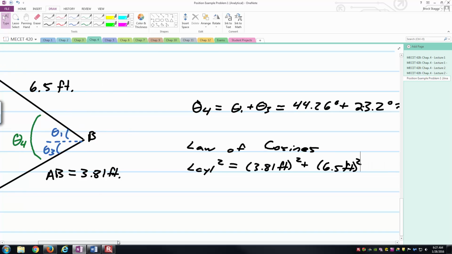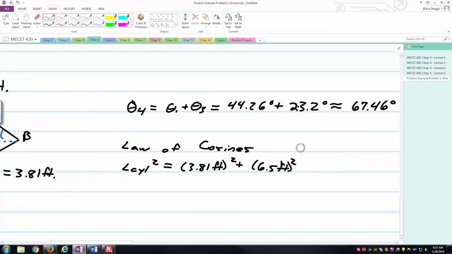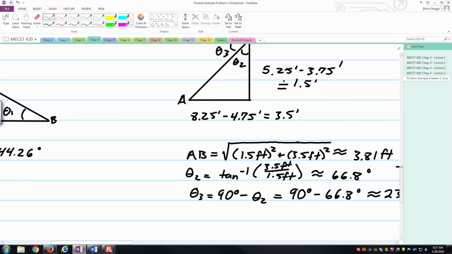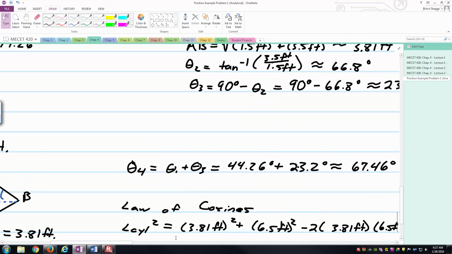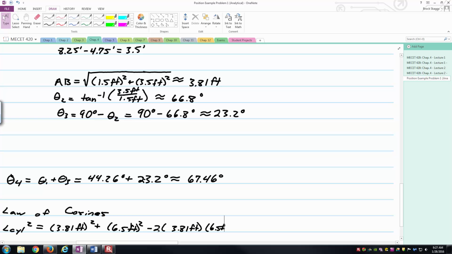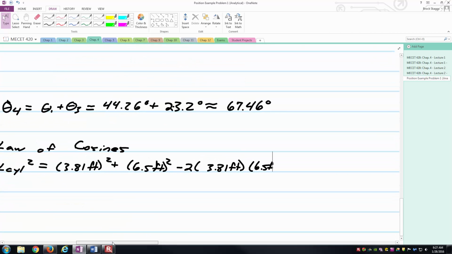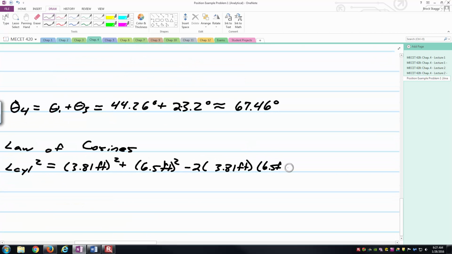And then it's minus 2 times AB is the way I think of it. So minus 2 times 3.81 feet times 6.5 feet. I ran out of room there, so I'll scoot over. And then times the cosine of the included angle. That would be the theta 4, which is our 67.46 degrees there.